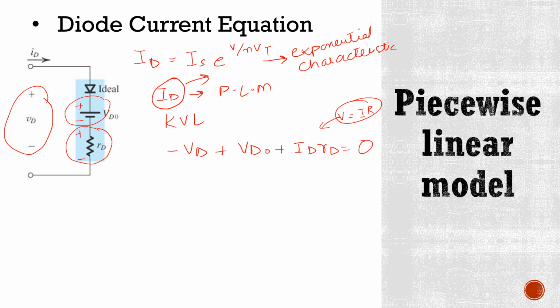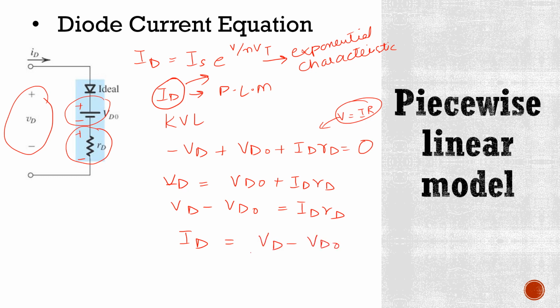Now we can also write this equation as VD is equal to VD naught plus ID RD, or VD minus VD naught is equal to ID RD. So what will be the equation of diode current? It will be ID is equal to (VD minus VD naught) divided by RD. So this is your equation of diode current for the piecewise linear model.